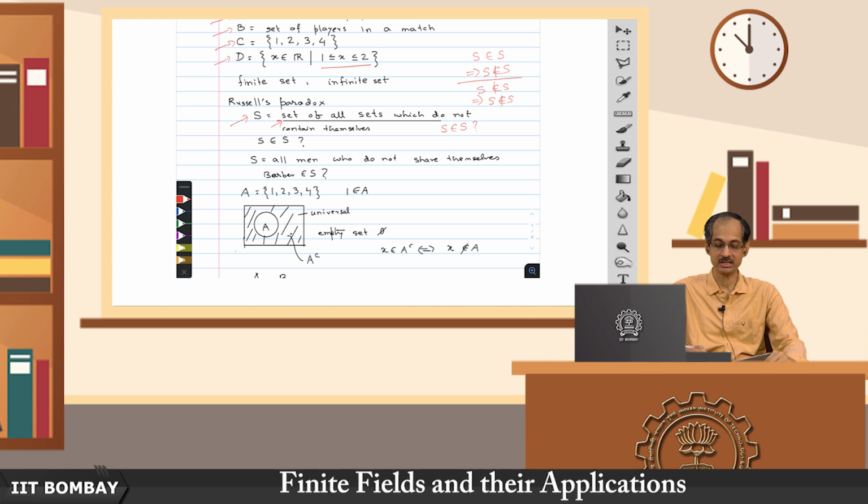But given the statement that the barber shaves all men who do not shave themselves, this set is not well defined, because now there is a similar difficulty as before whether the barber himself belongs to that set or not, because if the barber shaves himself, then according to this definition the barber should not shave him, and if he does not shave himself, then he should shave himself, right, because the barber shaves all men who do not shave themselves.